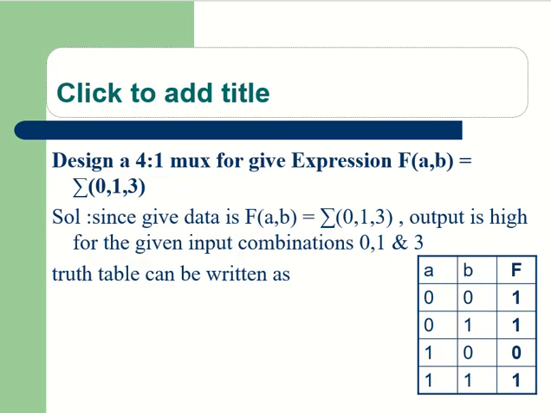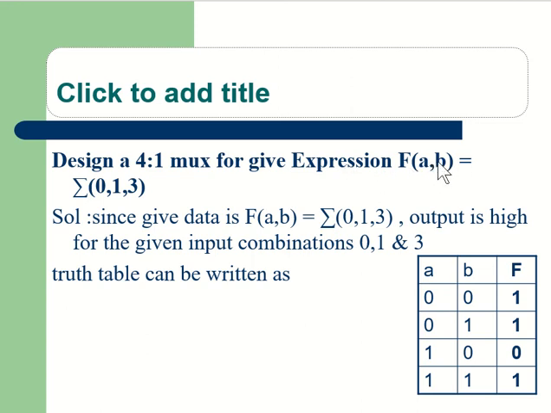The question says: design a 4 is to 1 mux for a given expression f(a,b) is equal to summation 0, 1 and 3. Before getting into the solution, let me explain what f(a,b) indicates and what summation indicates. f(a,b) indicates function f with input variables a and b.